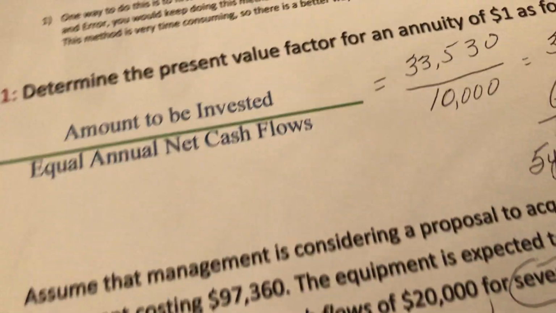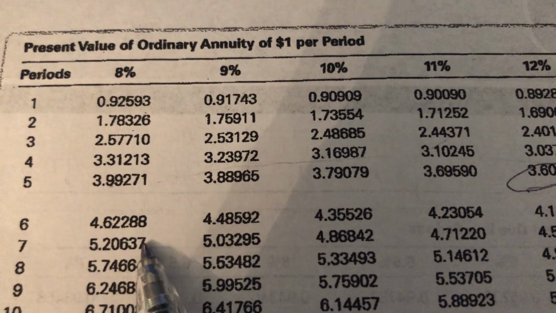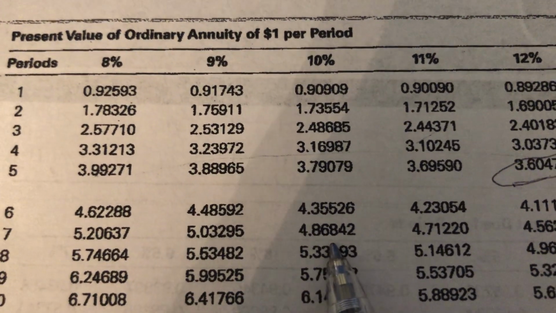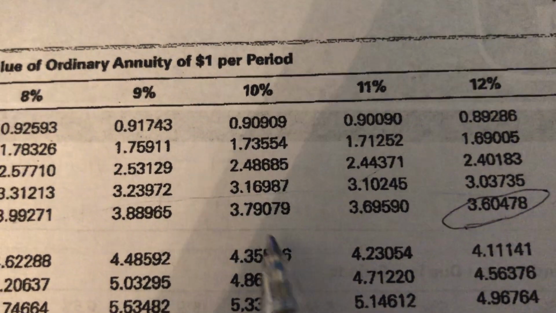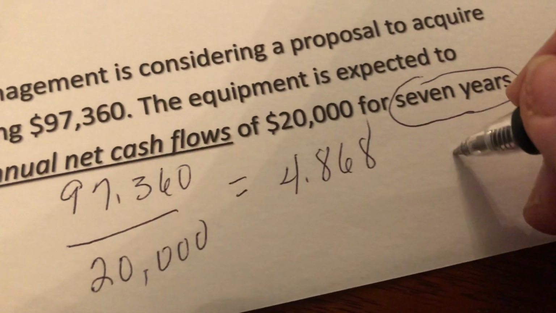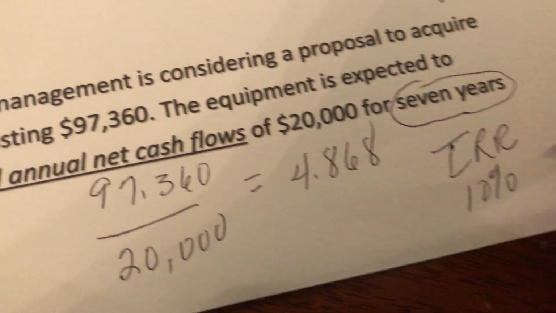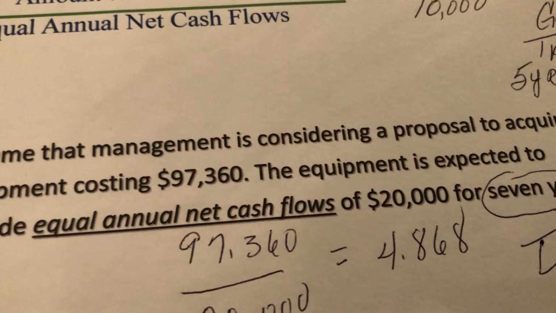Okay, so let's come over here. Let's find 7 years. You want to go all the way across until you find that factor. Notice there it is. And then you go up, and this would tell you that your internal rate of return is 10%. Okay, your internal rate of return there is 10%.